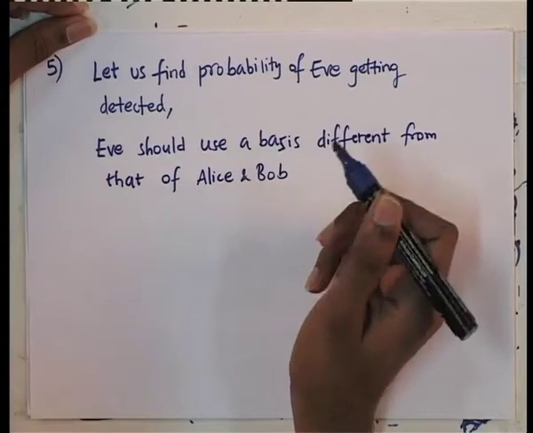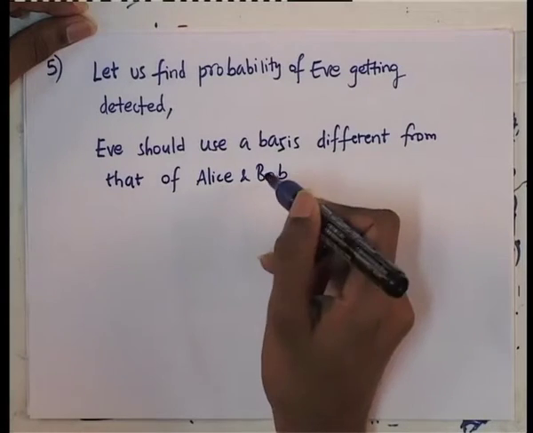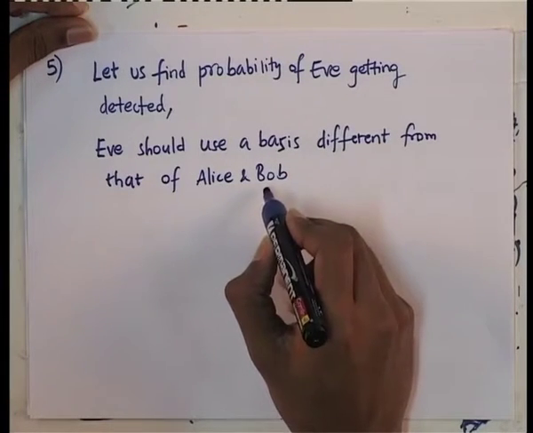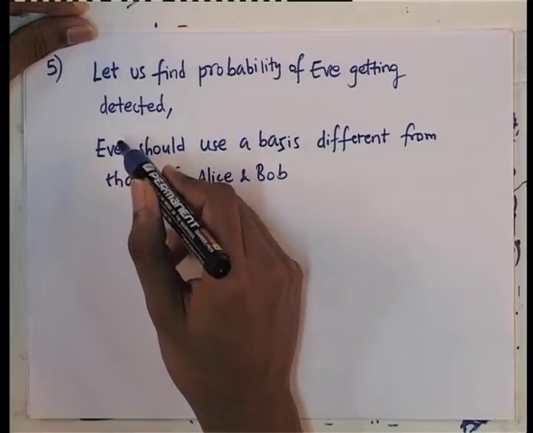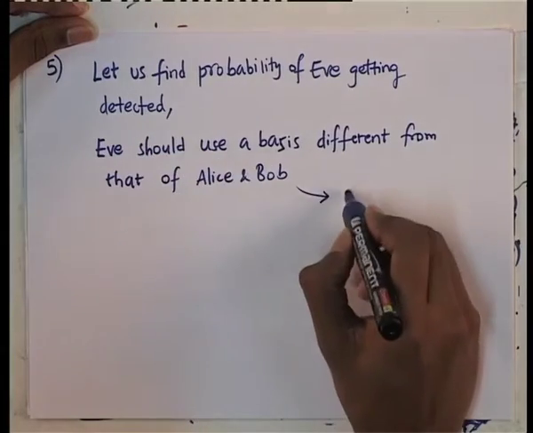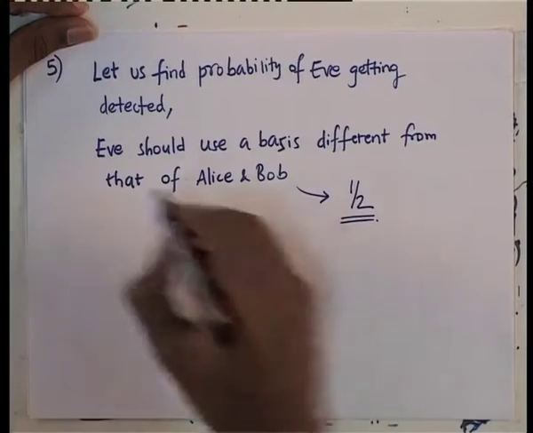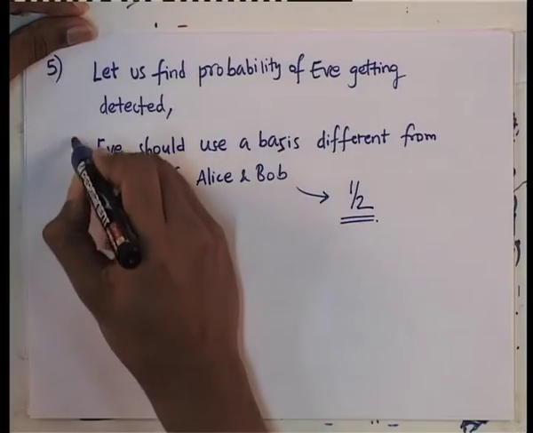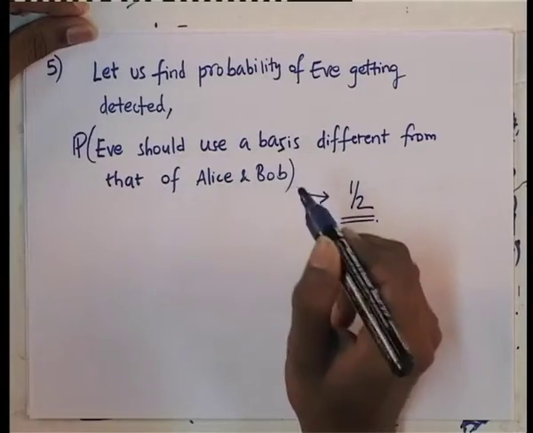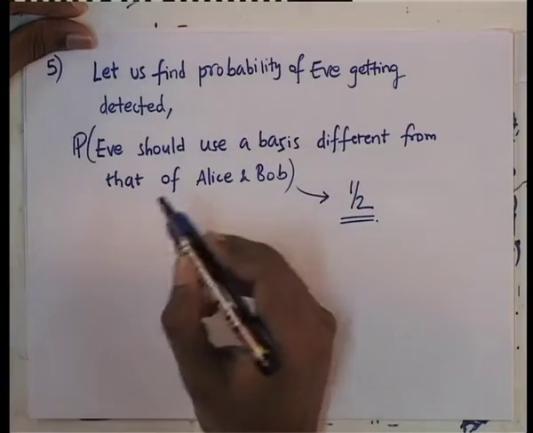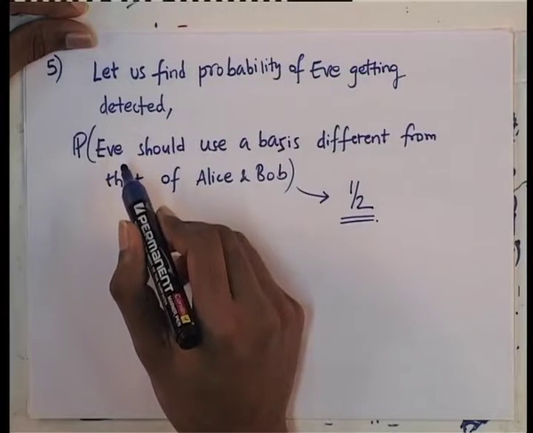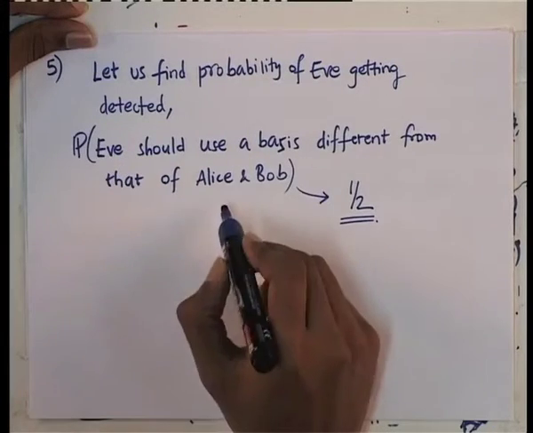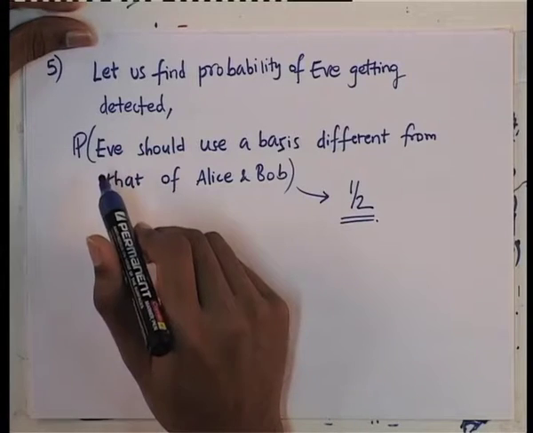Suppose Alice and Bob have used horizontal basis, then probability of Eve using another basis is half. And after that, even though Eve might have used different bases, if he had got the same bit as that of Alice and Bob, then he might not get detected.